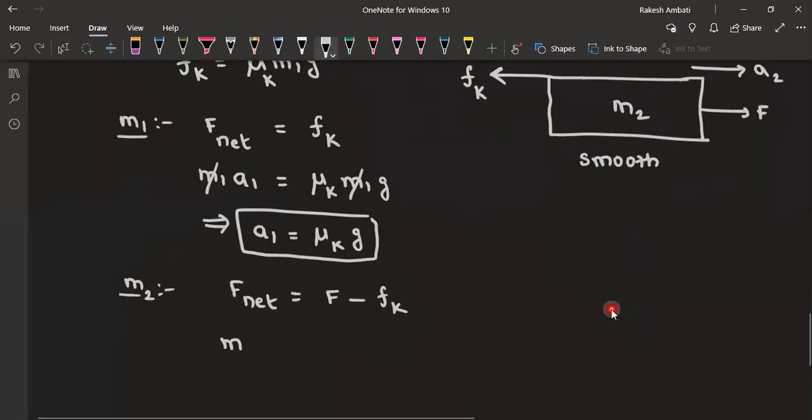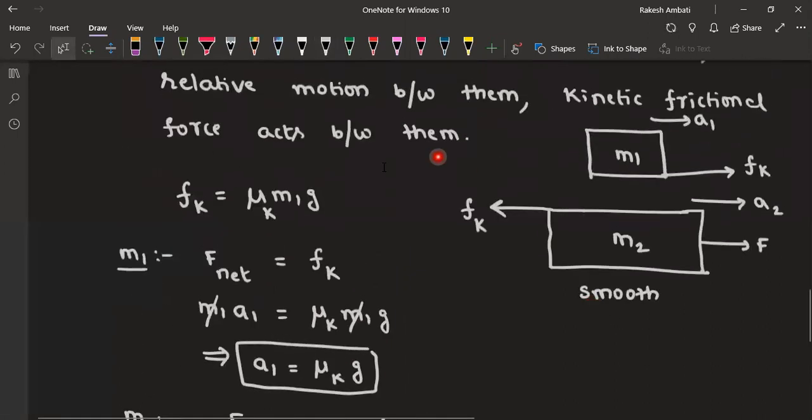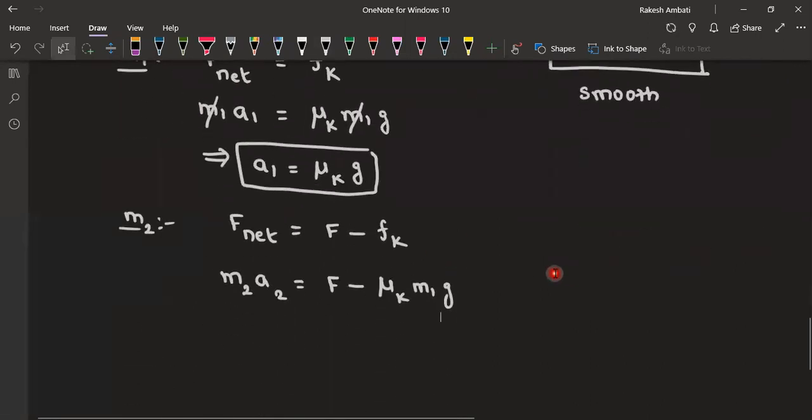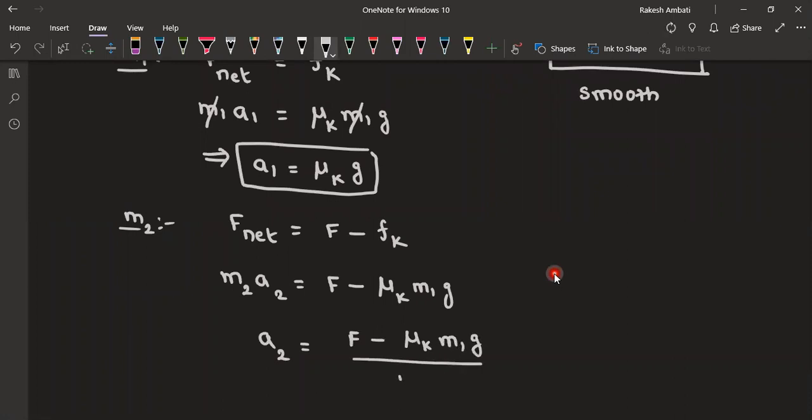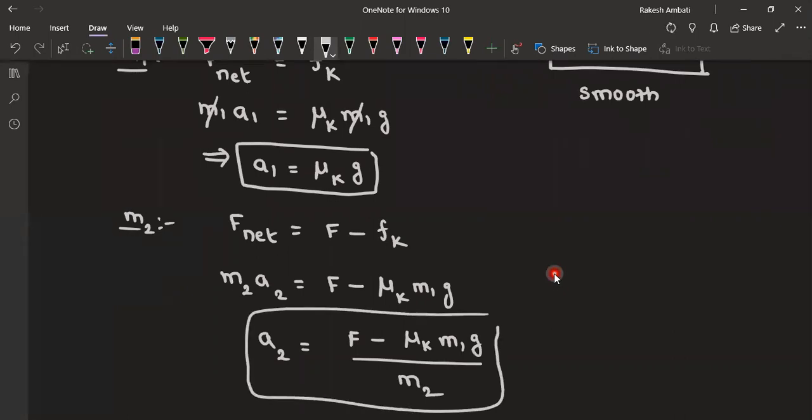Mass is M2, its acceleration is A2 equal to F minus Fk, and we already have the Fk value, mu K into M1 G. Therefore, A2 equals F minus mu K M1 G upon M2. So these are the different accelerations.